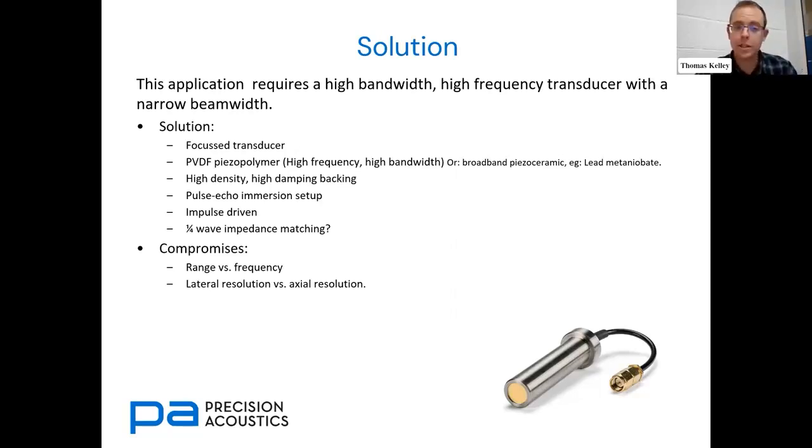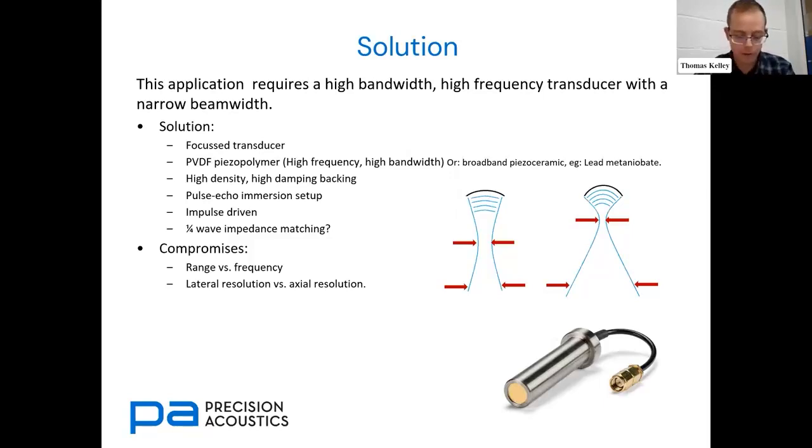We could put the drive voltage up to compensate maybe, but the temporal duration of the impulses tends to increase with amplitude. So it's likely that any acoustic pulse would become longer, and we may not be able to resolve things as close to the surface of the metal, perhaps. So if we want to increase the range, we may need to lower the frequency and sacrifice some of the lateral and near surface resolution.